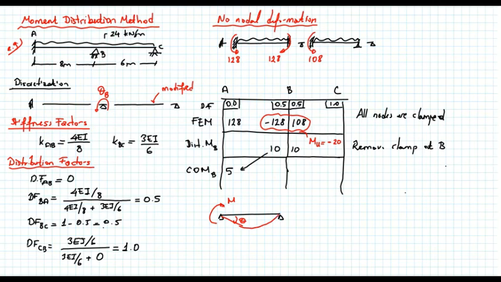But at this point, since this end is free to rotate, I don't have any moment. Moment is equal to 0, meaning that if I have an end that is free to rotate, my carryover factor is 0. Basically it tells me that there is no carryover moment.